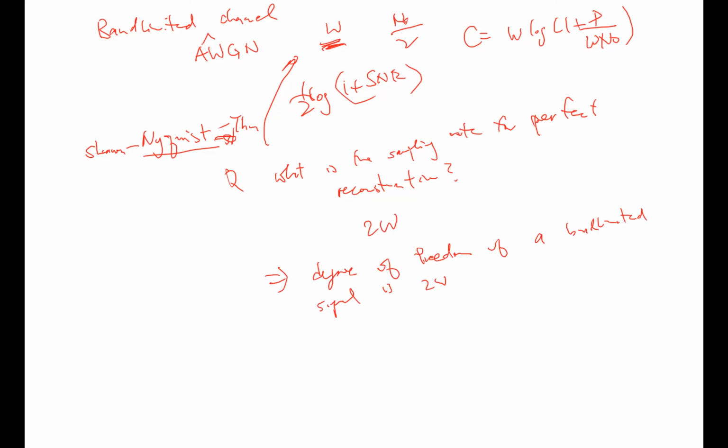In other words, if the signal bandwidth is W, you cannot have a degree of freedom more than 2W, because if you have more than 2W samples here, you will get a signal with bandwidth beyond that W-limited signal. That is probably the hardest part, at least for me.